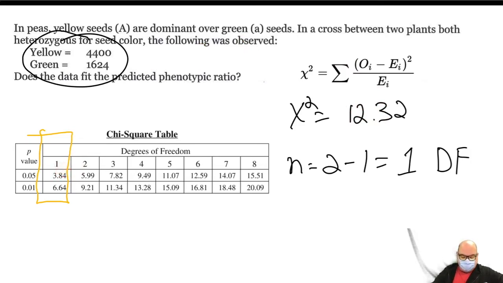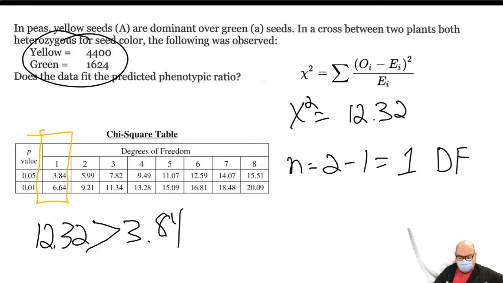I'm just going to write this down: 12.32 is greater than 3.84. These numbers from the table are called the critical value. In most of our experiments, we're always going to use the 0.05 value rather than the 0.01 value. Our 12.32 is several times larger than 3.84.